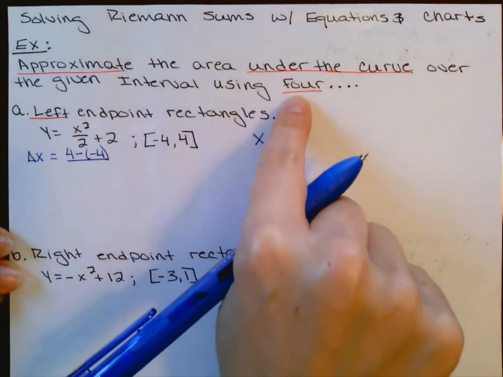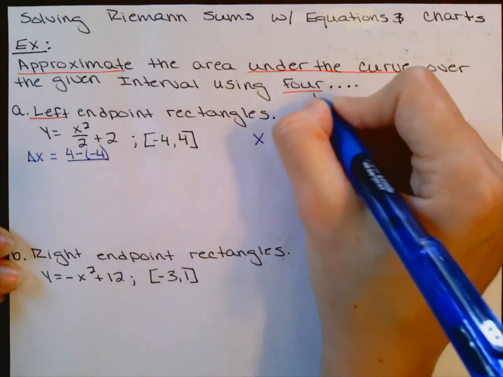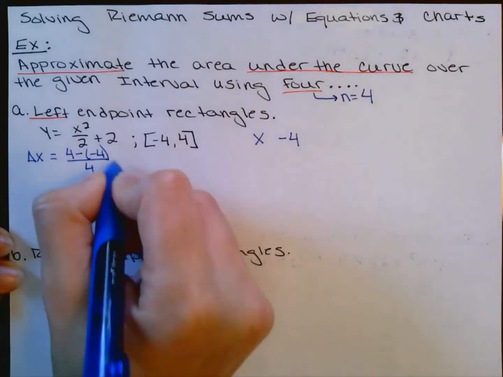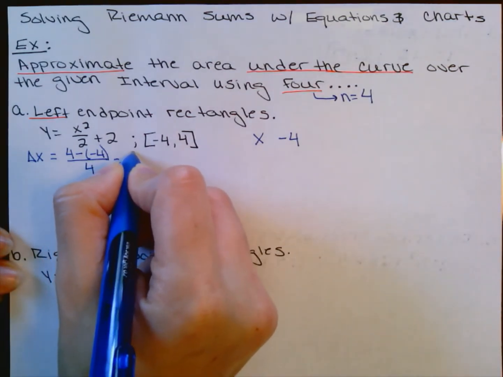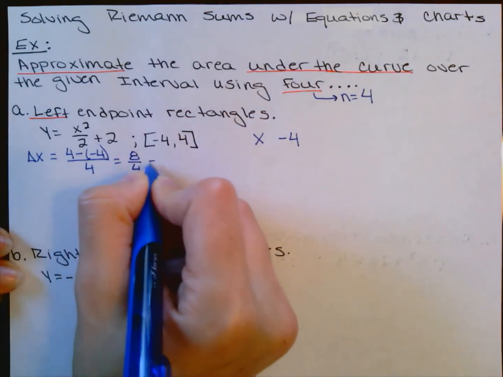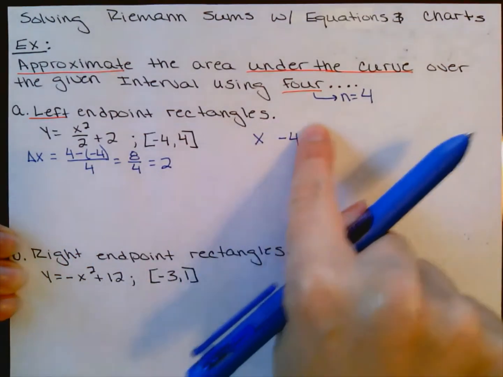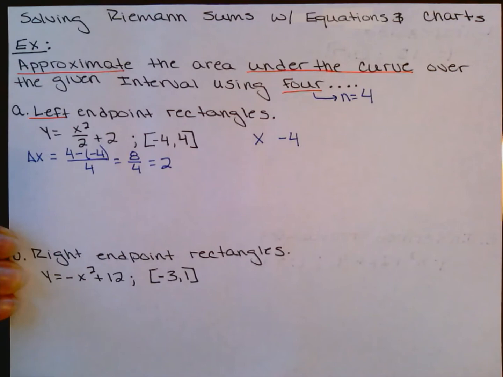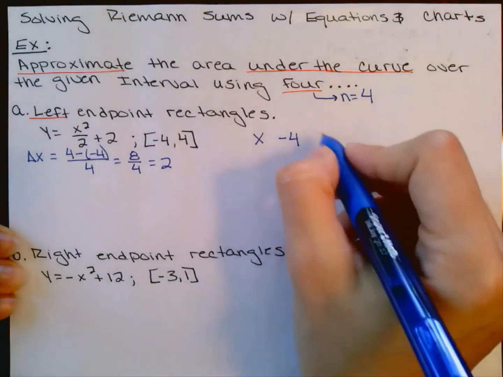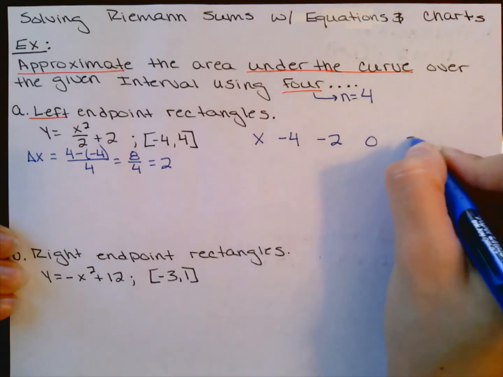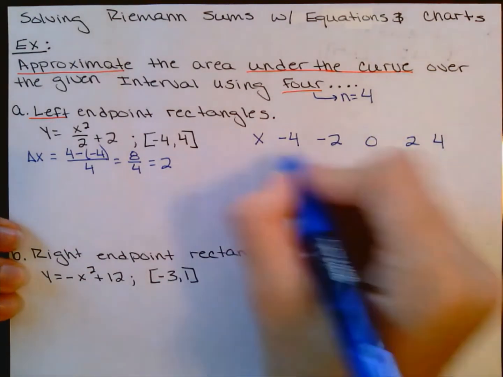And they wanted n, the amount of subintervals, to be 4. So that leaves me with 8 over 4, which gives me 2. So that means every time I write a new x, they want me to go 2 numbers over. So from -4, I go to -2, then to 0, then to 2, and then to 4.